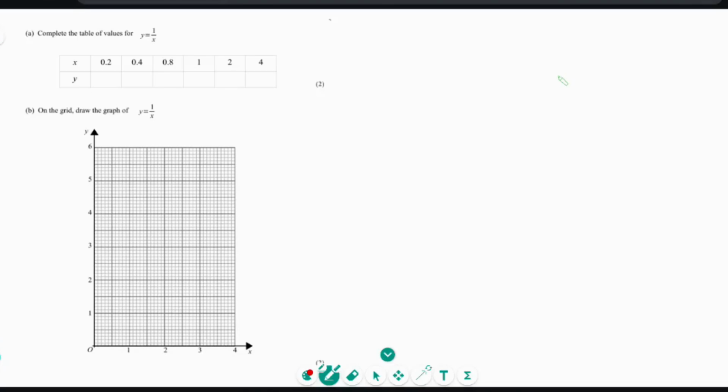Reciprocal means 1 divided by, so y equals 1 over x, 1 divided by x, is a reciprocal graph. You might have y equals 5 over x, because that's 5 times 1 over x, which makes it a reciprocal graph.